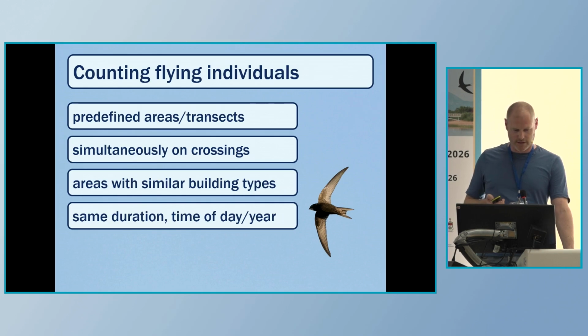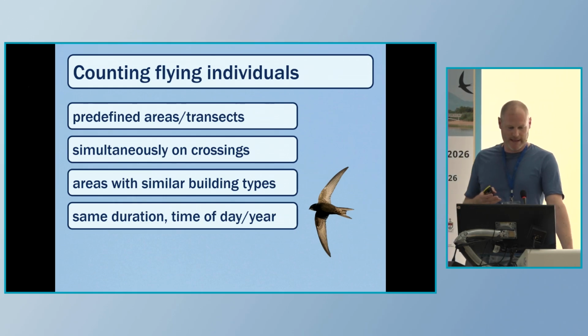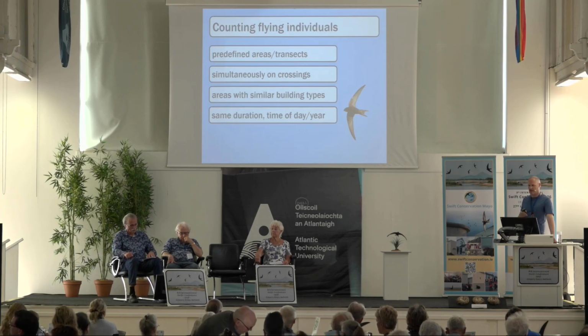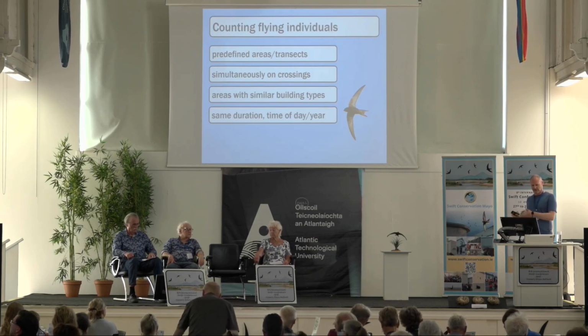You have to do it the same duration, 1 hour, 1.5 hours, to keep the sampling effort the same. You have to choose one time of the day. You should avoid to switch on different times of the day, and also the time of the swift season. So you're either doing it at the beginning of the swift season, in the mid, or in the end.